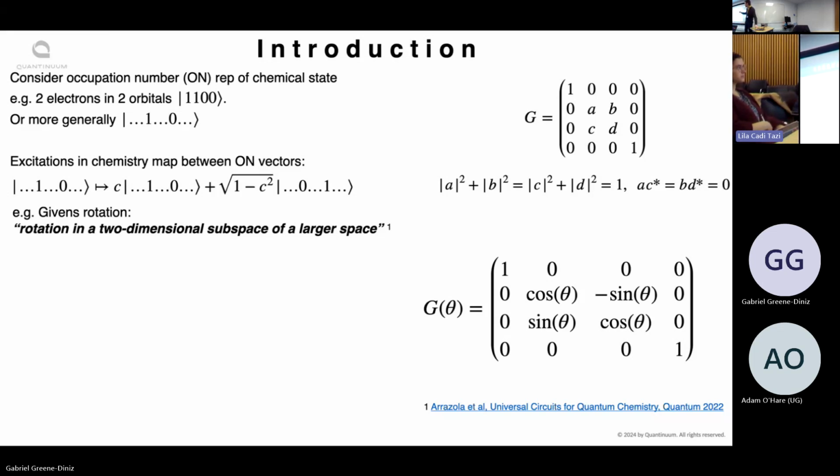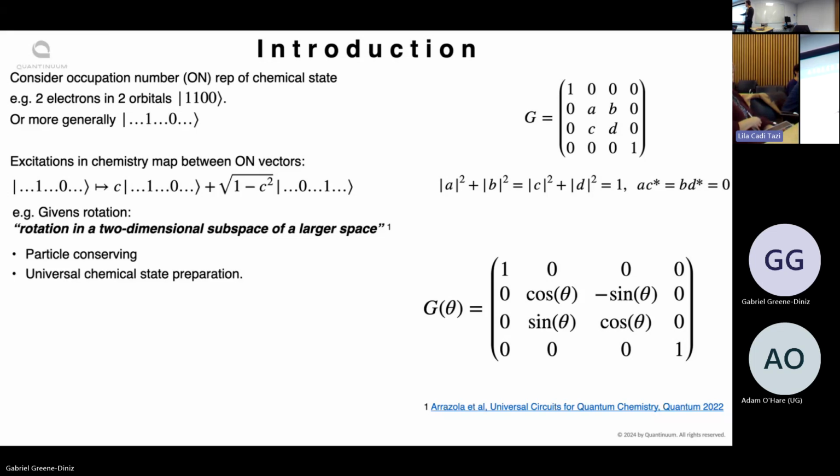And that's useful in quantum circuits because, as I'll show you, there are explicit quantum circuit constructions for these Givens rotations that can preserve particle number and other symmetries that you're interested in in chemistry. For that reason, Arrazola et al. from Xanadu proved that these Givens rotations are universal for quantum chemistry.